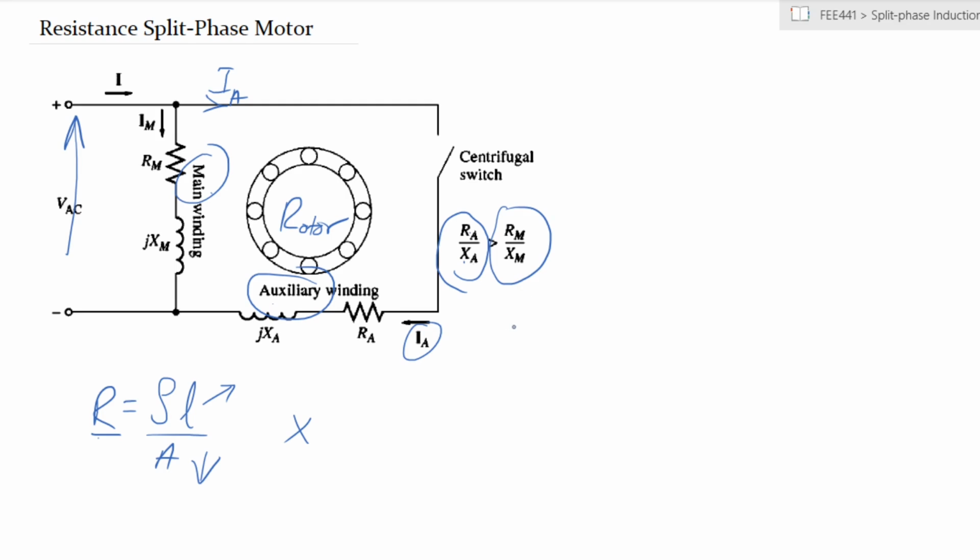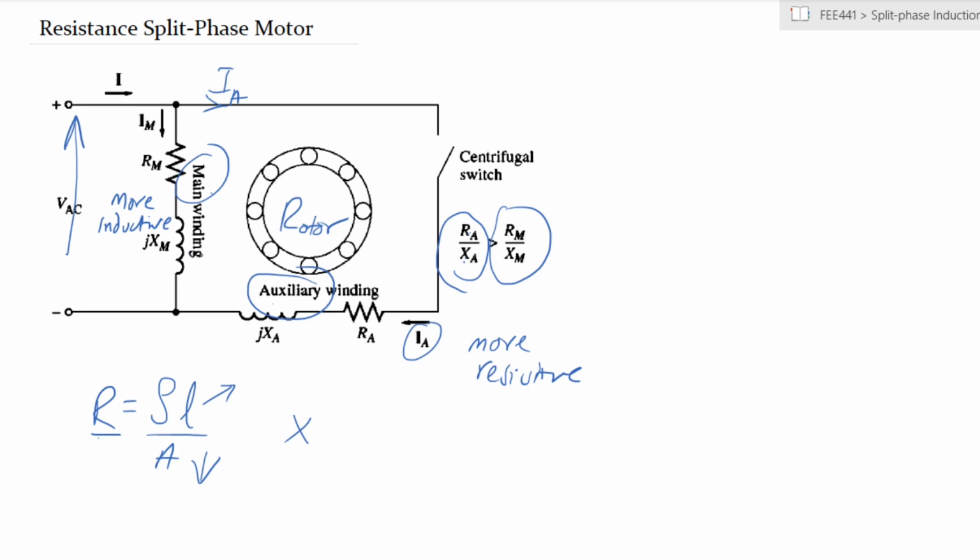What that leads to is that the auxiliary winding, we say, is more resistive, because the ratio between the resistance and the inductance is higher, and you have your main winding, which is more inductive, because this same ratio is lower in the main winding.